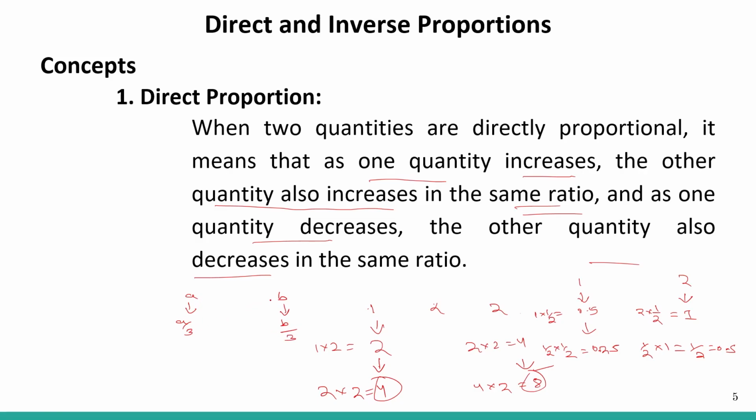If a became a by 6, that is a by 3 multiplied by 1 by 2, then b by 3 will also be multiplied by 1 by 2, and become b by 6. If this kind of relationship is followed by two quantities, a and b, two numbers, then we say that they are directly proportional.